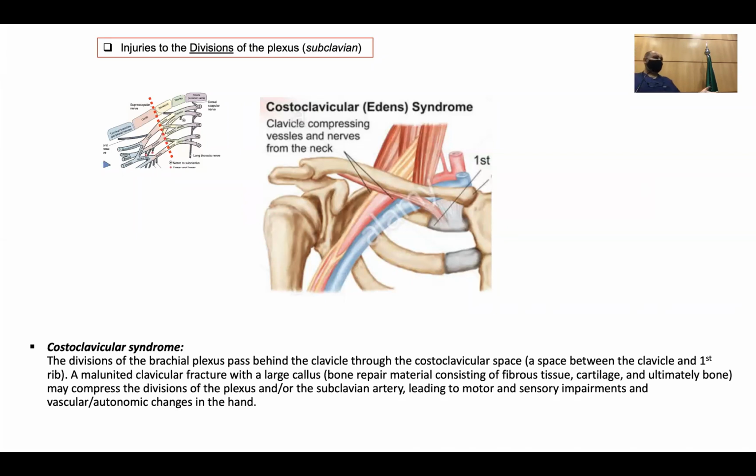If there is a fracture, you know this is a small place. If there is a fracture of the clavicle, below is the first rib. There is a very narrow space. After fracture, when the bone will heal, there is callus formation. It might cause a compression. At what level? At the division level. So now in this situation, you have to do some intervention. Otherwise, this will be a severe, grave issue.